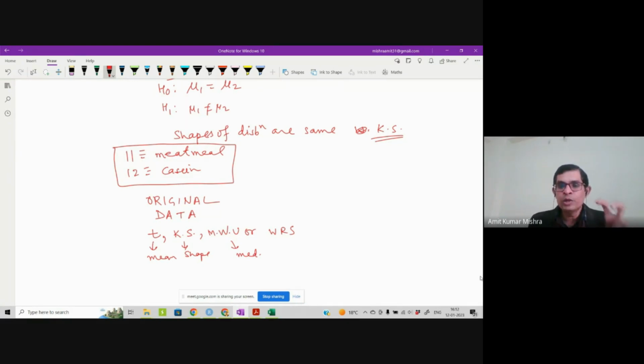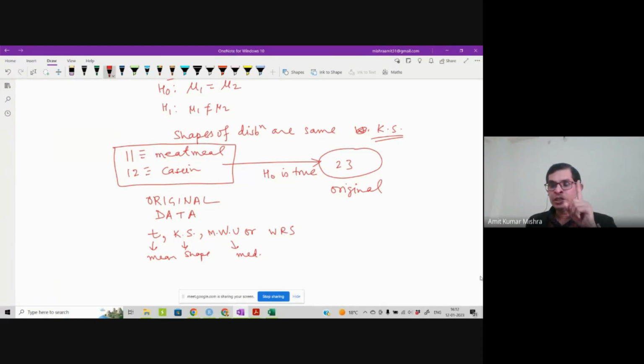Now what we are actually going to do: if we assume that H naught is true, then all these original data points we can consider as a sample from a single population under H naught.